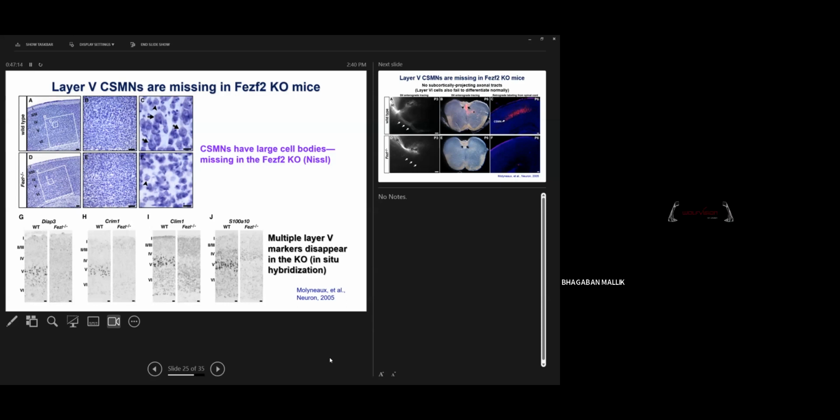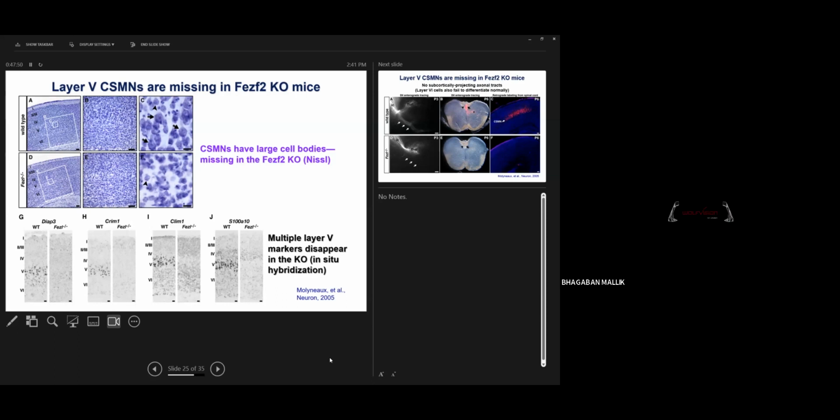But in the knockout mice, when you have loss of FEZF2, you can see that those bigger cell bodies are missing. So you have cell bodies missing in the layer 5 because of loss of FEZF2, which is also shown here. This is a wild type mouse, and you have different markers for layer 5. These are proteins which stain the layer 5. We have DIAP3 protein, CRIM1, and these are markers for the layer 5.